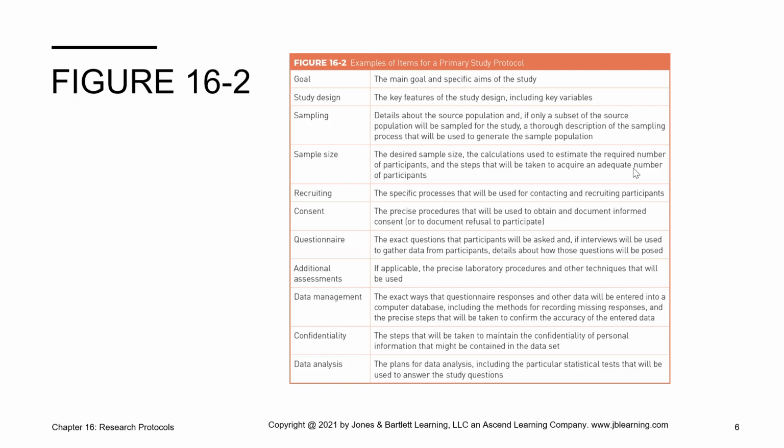So it is helpful to include whether the study is, say, a cross-sectional, a cohort, case control, or experimental, written explicitly in the protocol. Then it also goes over things like sampling, sample size, recruiting, consent, the questionnaire, additional assessments, data management plans, confidentiality, and data analysis procedures.